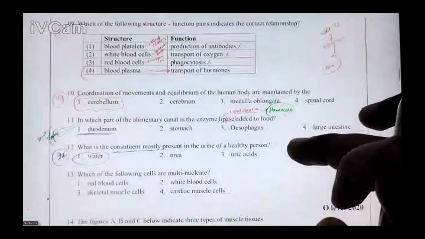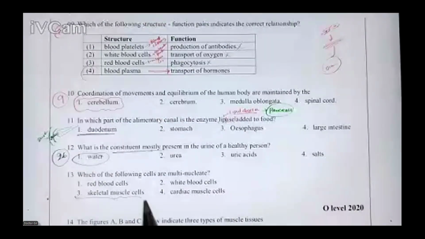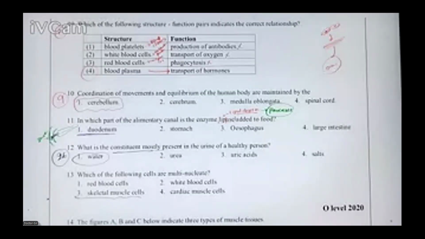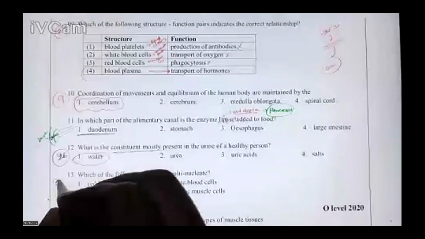So multinuclear cells are skeletal muscle tissue, which also belongs to 2019, question number 38 in the paper.